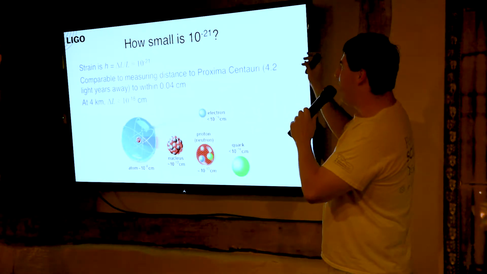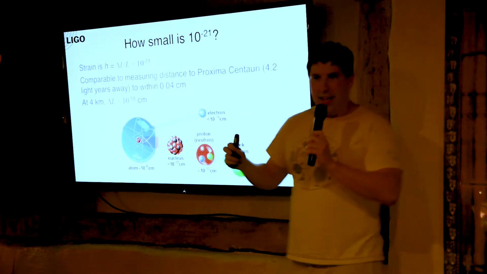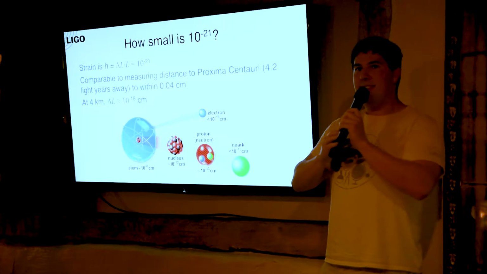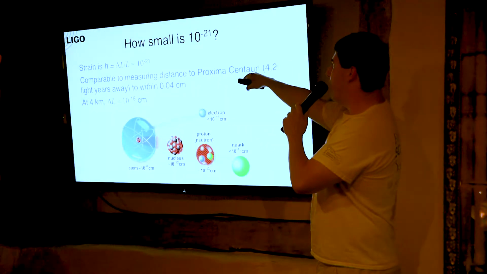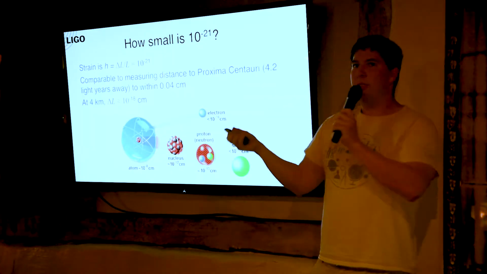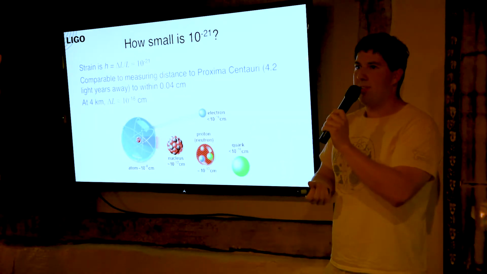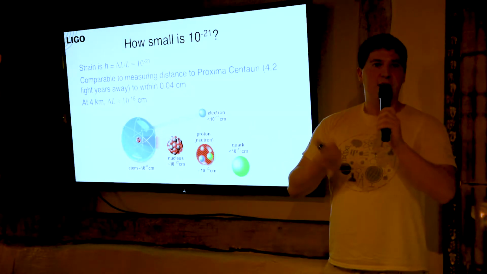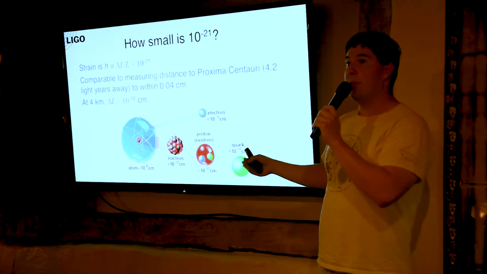And so if we retake this equation, h equals delta L over L, and instead put in the length of LIGO's arms, which are 4 kilometers, so we put in 4 kilometers for L, that delta L, the amount that we're looking for, is 10 to the minus 18 centimeters. So you're looking for a change of 10 to the minus 18 centimeters across a distance of 4 kilometers.